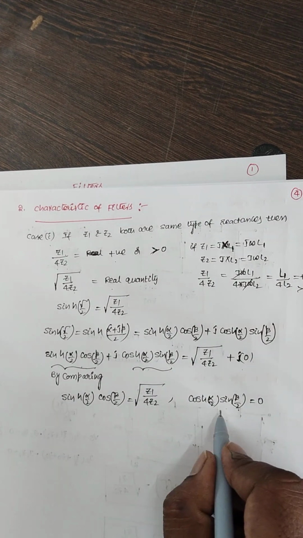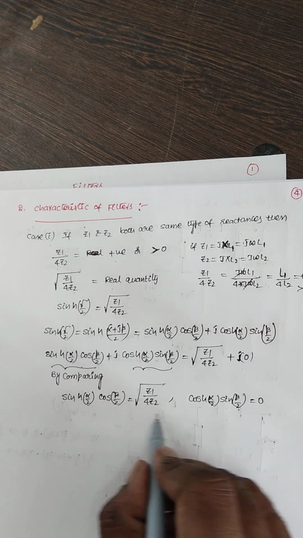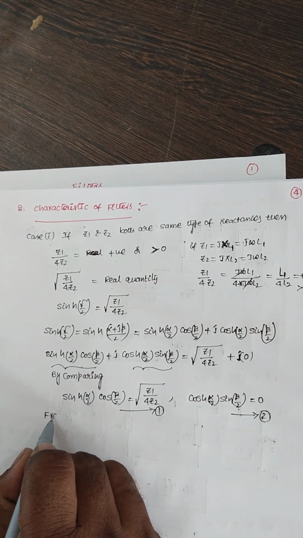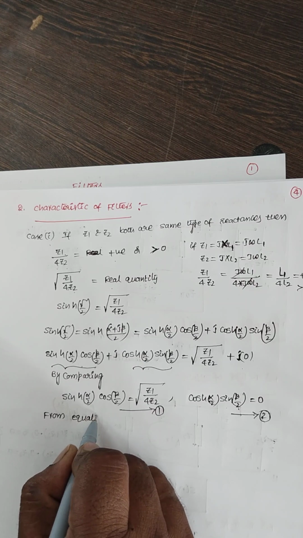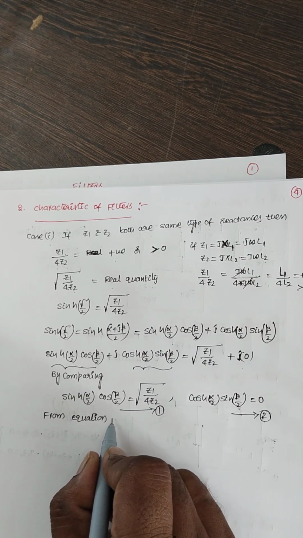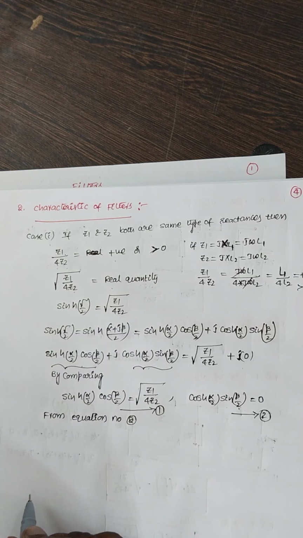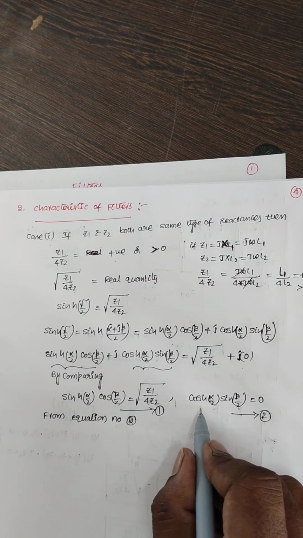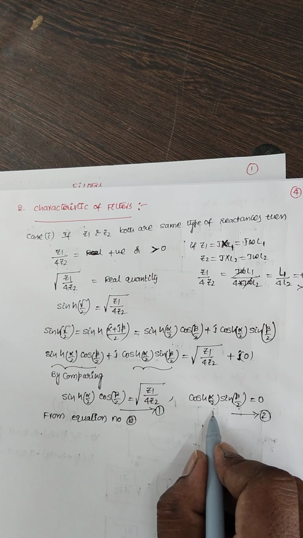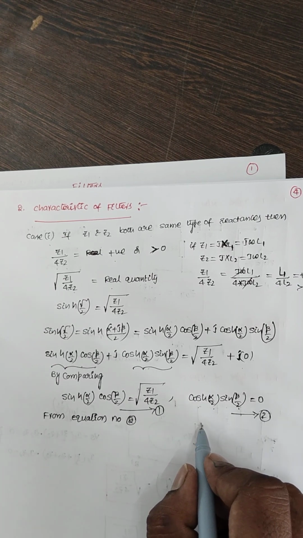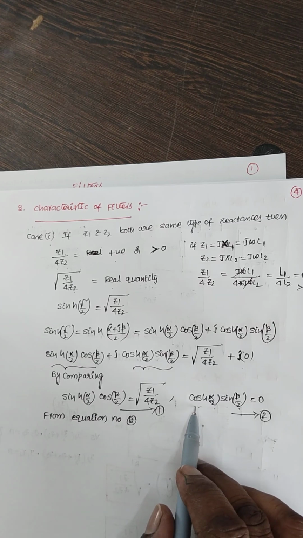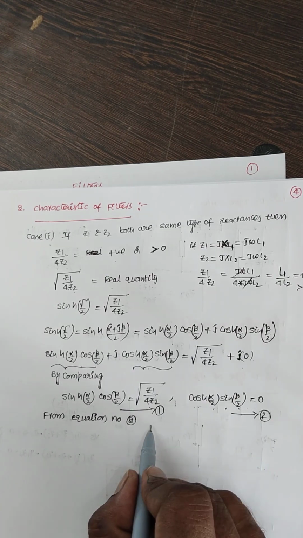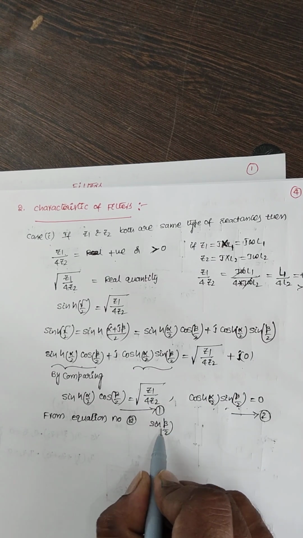Let us consider this equation number 1, and this equation number 2. From equation number 2, cosh alpha by 2 will not be 0. From the mathematical expressions, this cosh theta is not at all equal to 0. Only this will become 0, that is sin beta by 2 is equal to 0.